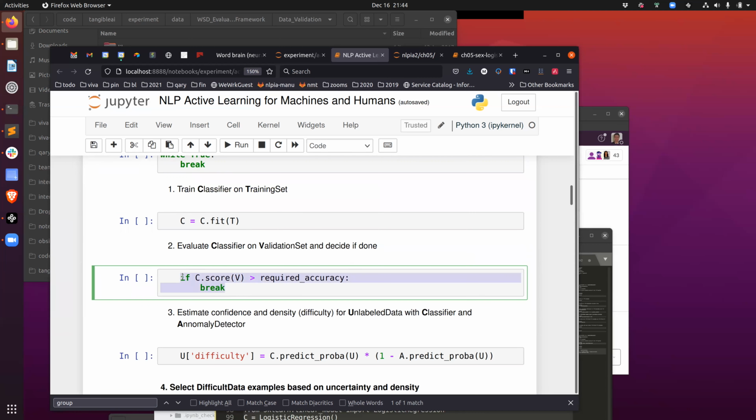Humans do active learning when they're trying to learn a topic. Say you're trying to memorize the meanings of some words in your vocabulary list. You'll give yourself a test on some subset of the overall examples that you were trained on, or maybe words you weren't even trained on.